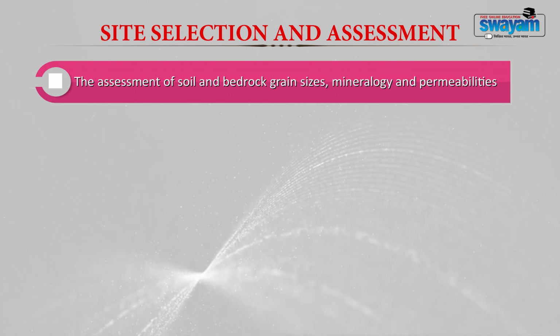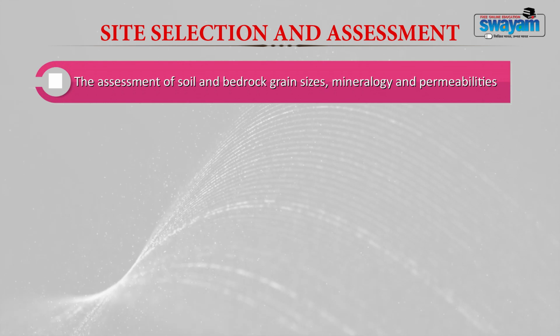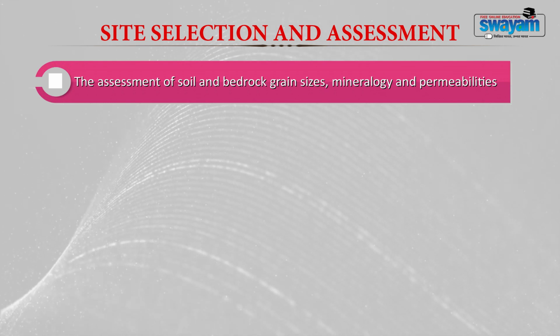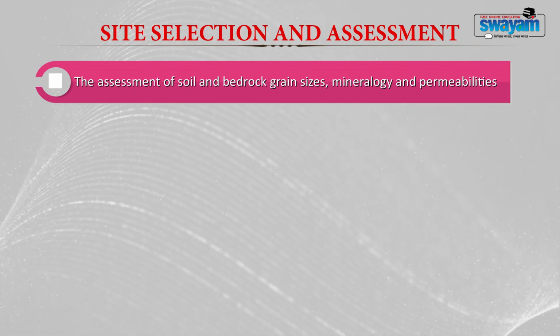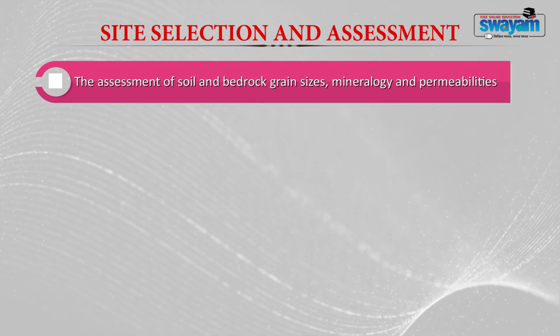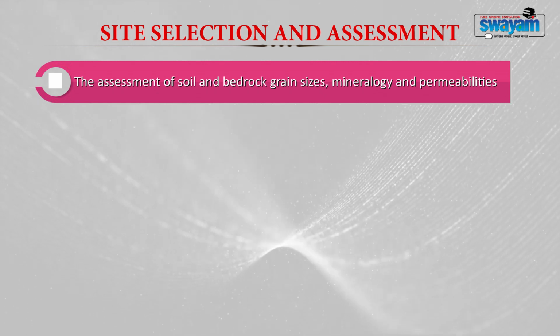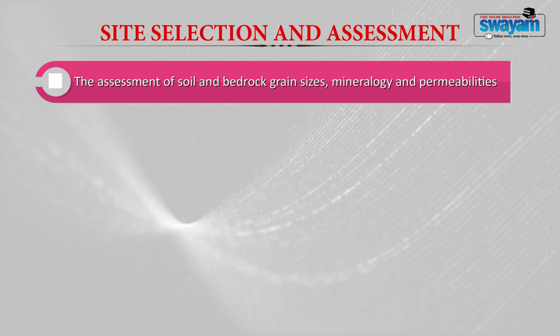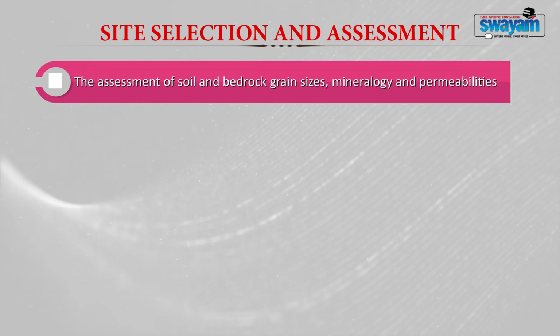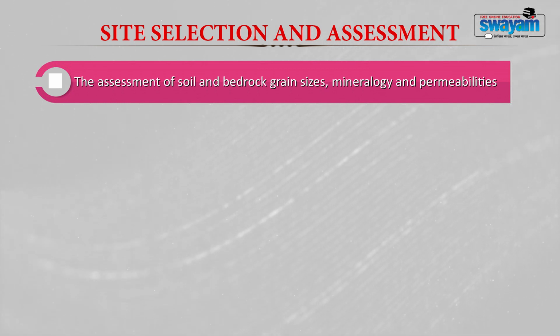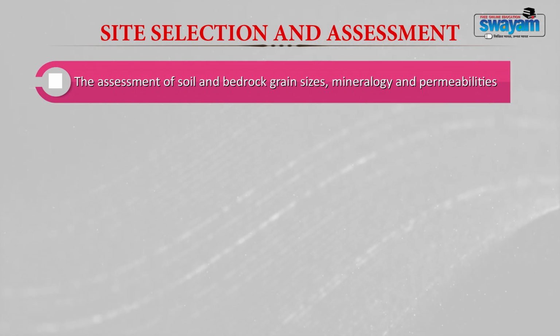All these things you should check, because if there is any leakage in the liner system or other components of your landfill, it should not permeate much. The soil below the landfill area should have low permeability.